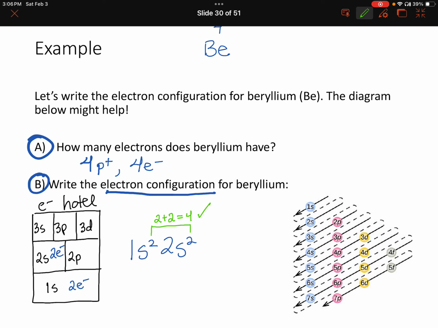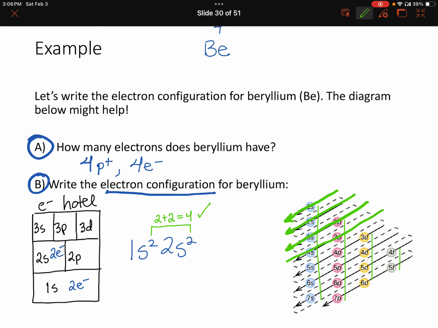Now off to the side I have this little chart. Some people prefer this chart to the electron hotel. So basically in this chart they're listing all of the s orbitals right on top of each other, and then the p orbitals, subshells. In higher level chemistry we call them orbitals, but they're subshells. And then the d subshells and the f subshells. And then what you can do to remember the order of the subshells is to draw an arrow going through like this for each.